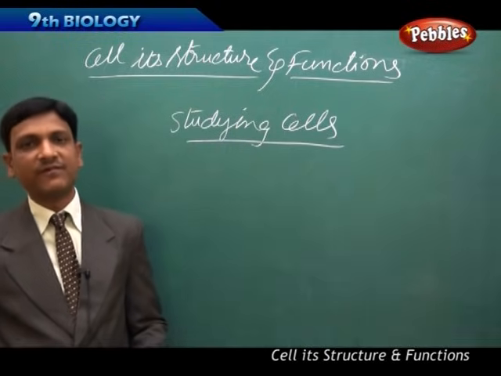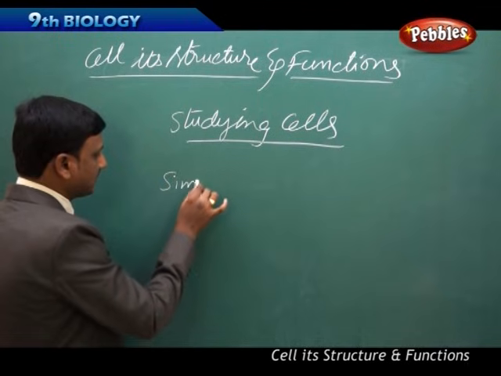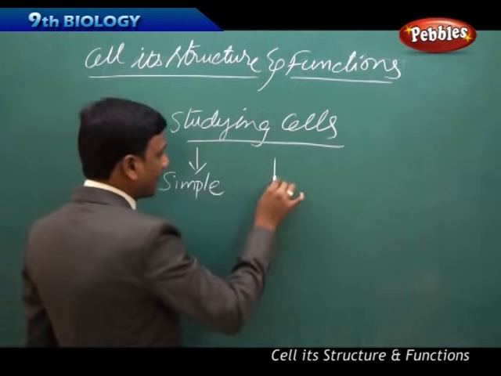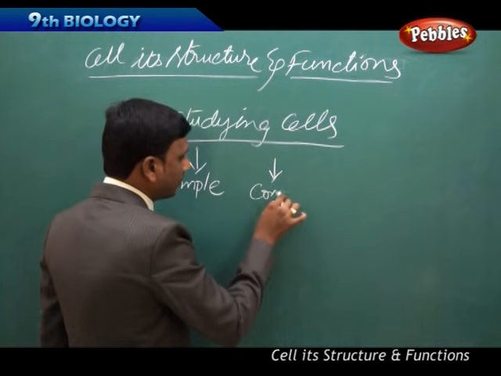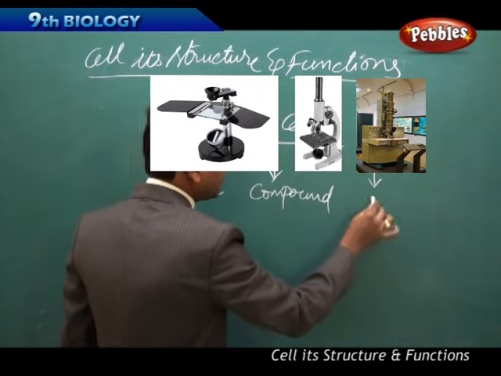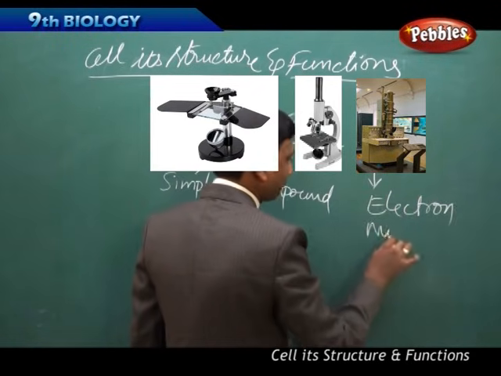Microscopes are of different types. We have three different types of microscopes: basically, simple microscope, compound microscope and electron microscope.